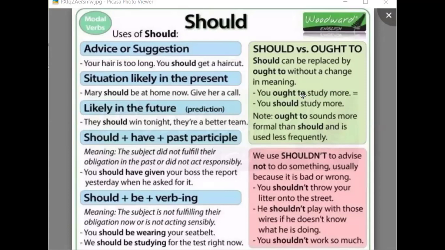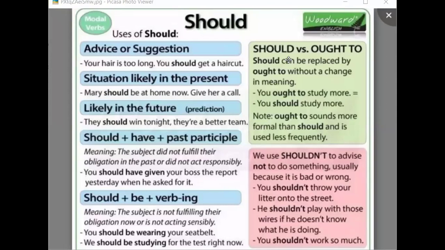Last one here. Let's focus on one important thing, that is should versus ought to. Ought to is formal. I don't hear it in everyday speech. People don't use ought to. It's maybe in legal documents, or in orders of the court or government, but it's not common in everyday speech.